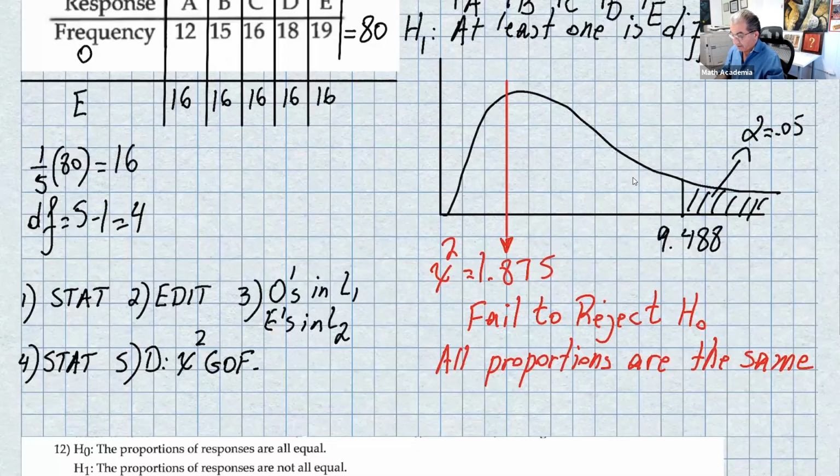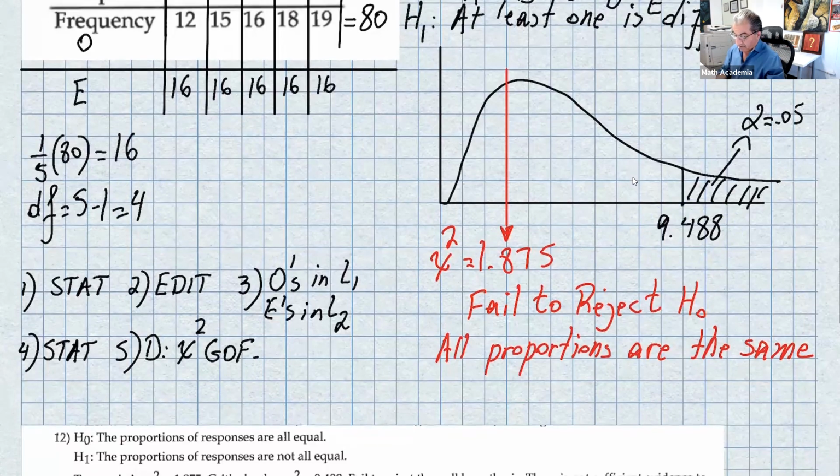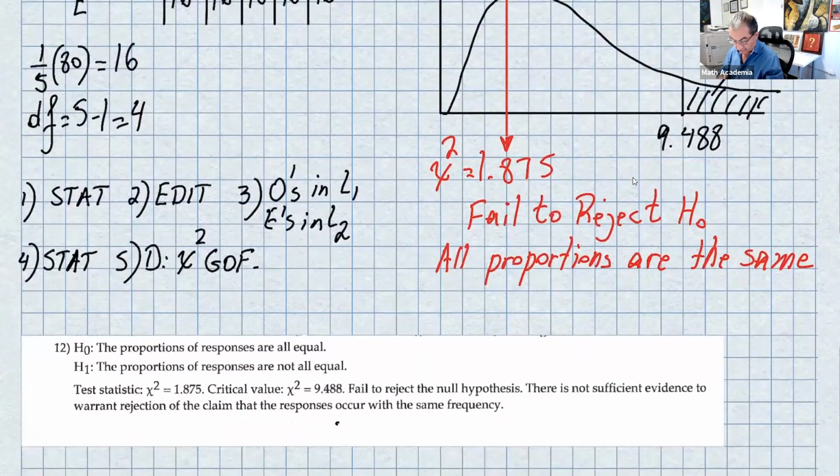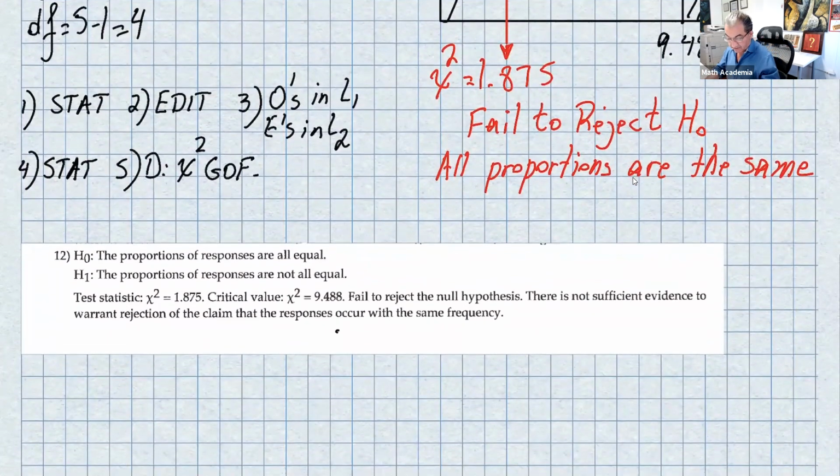Critical value, again, same thing, 0.05 with degrees of freedom 4. Go to the table and you find 9.488. The test statistic is in the non-shaded region, so fail to reject H0, and you can write all proportions are the same. And you can read the conclusion, which is the same thing, just worded a little bit differently.